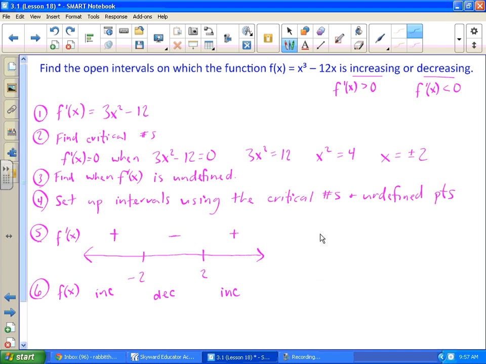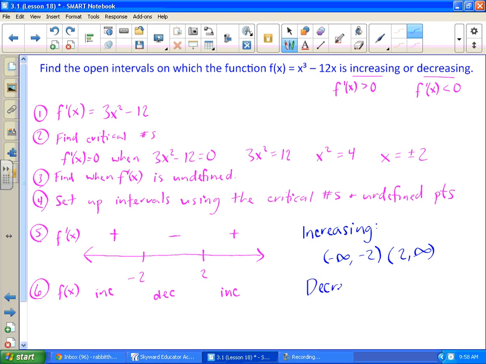So find the open intervals where it's increasing or decreasing. So I say increasing. It's increasing from what? Negative infinity to negative 2, and then where else? 2 to infinity. So that would be where it's increasing.